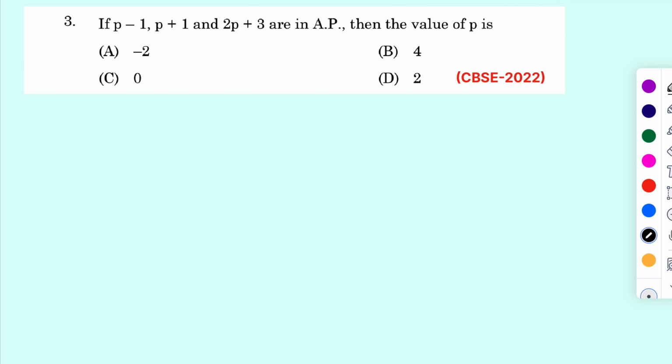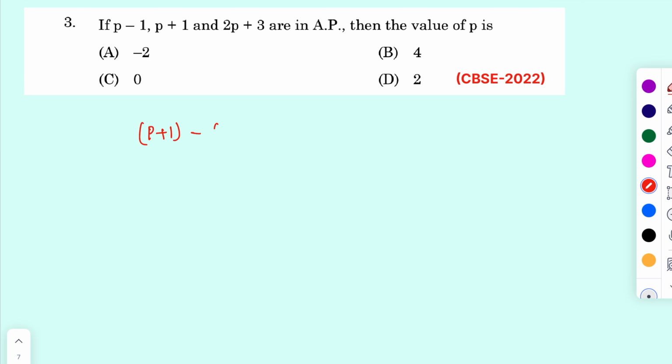Next question: p minus 1, p plus 1, 2p plus 3 are in AP. If three terms are in AP, then their common difference is the same. That means we have to check consecutive terms. p minus 1 and p plus 1 are consecutive terms. So you can write p plus 1 minus (p minus 1) is the same as, and two consecutive terms are 2p plus 3 and p plus 1.